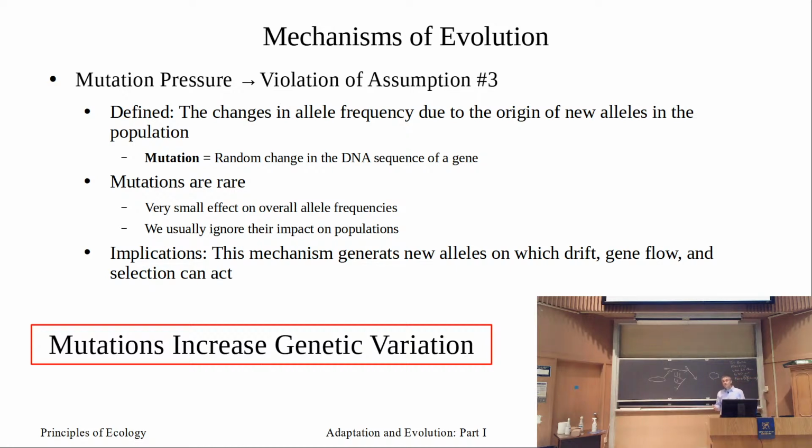When you start dealing with a large enough population size, it will eventually happen. It's very unlikely that I'm going to win the lottery, but if I play it every day for the next million years, I'm bound to win it. If I don't, then I'm just extremely unlucky. That's the same idea with mutation. So genetic drift removes genetic variation. Mutation increases genetic variation.